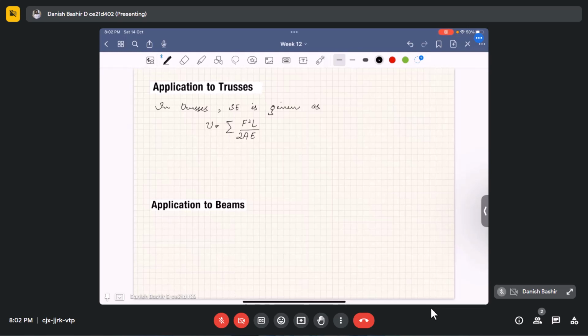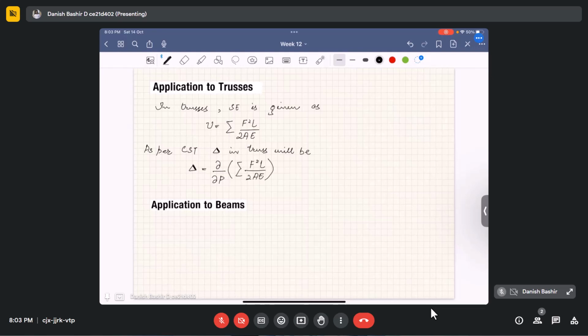So as per Castigliano's second theorem, the deflection delta in a truss will be the partial derivative of this strain energy, dou by dou P at that point, of the summation of total strain energy of all members, F square L by 2AE.